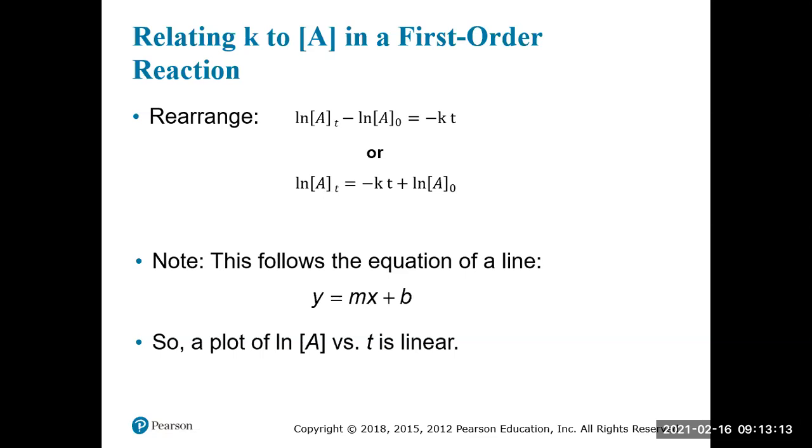The slope of that line should be represented by minus k, okay, minus k is the m in our line equation. And then natural log of A at time 0, that would be the y-intercept. So in other words, the y-intercept is when x is 0.